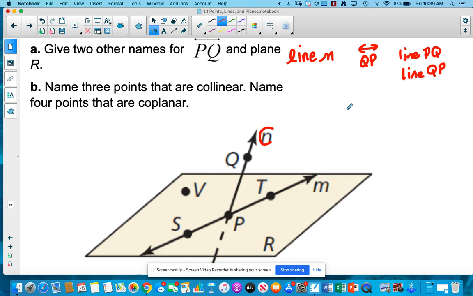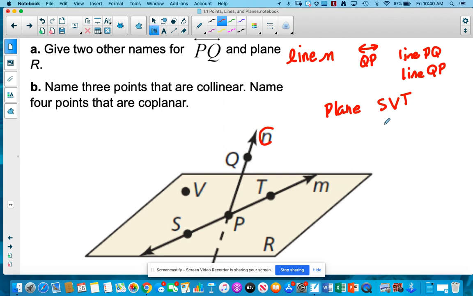So 2 other names for plane R. Remember, this right here is plane R. We can pick 3 other vertices that are on plane R. So you could say plane SVT, because those are 3 vertices, but they're not all on the same line.